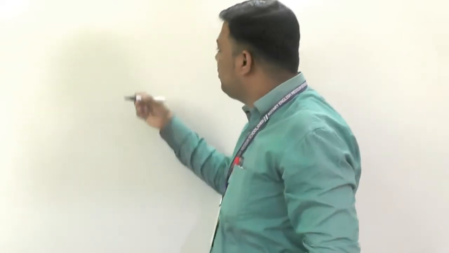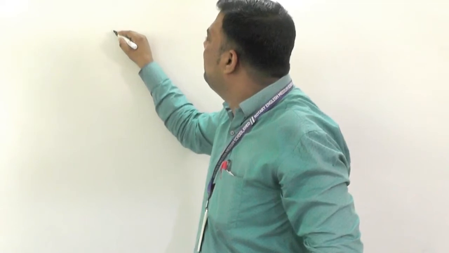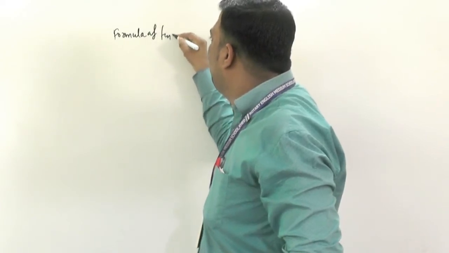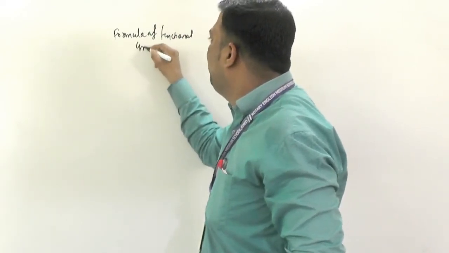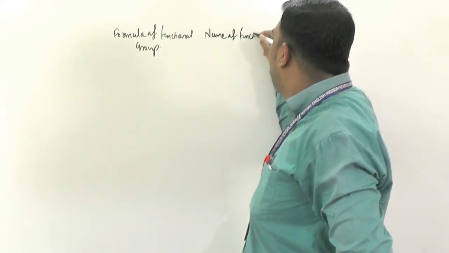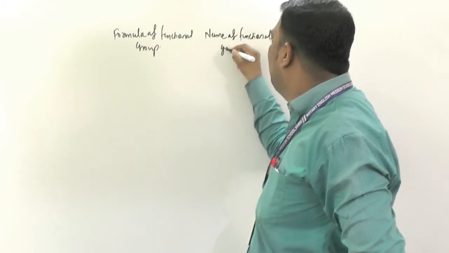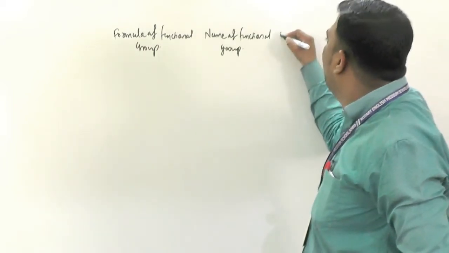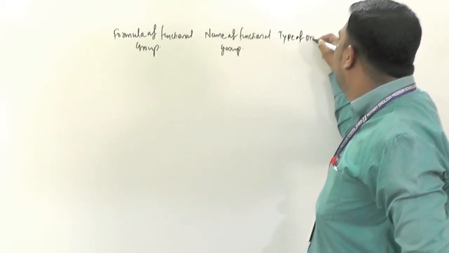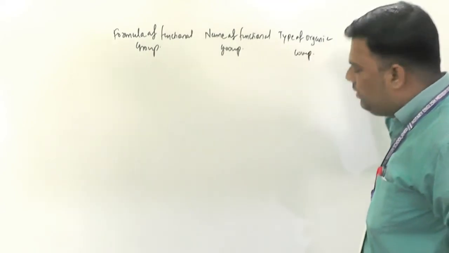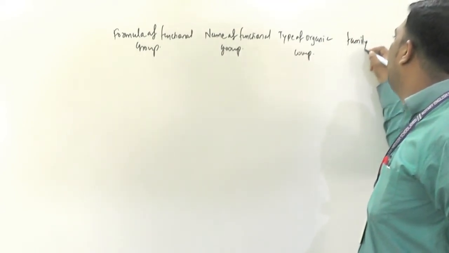We will write here: formula of functional group, then name of functional group, then type of organic compound, and family.